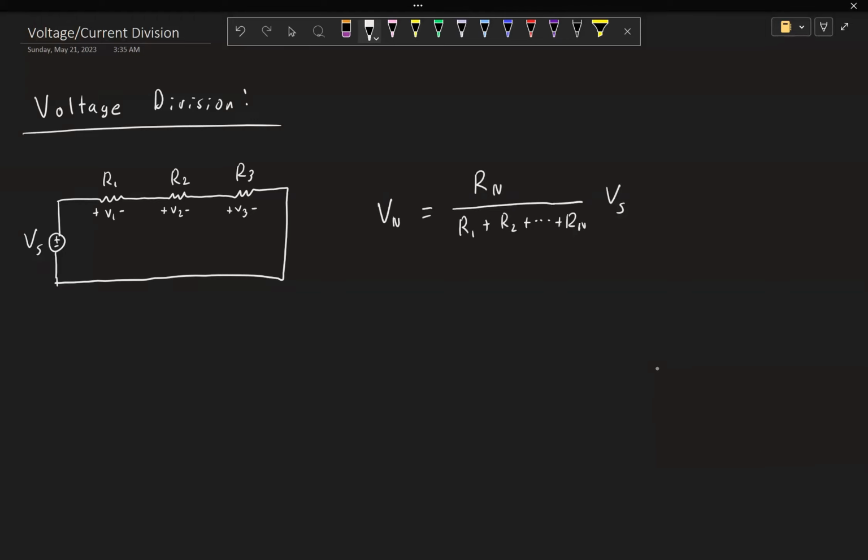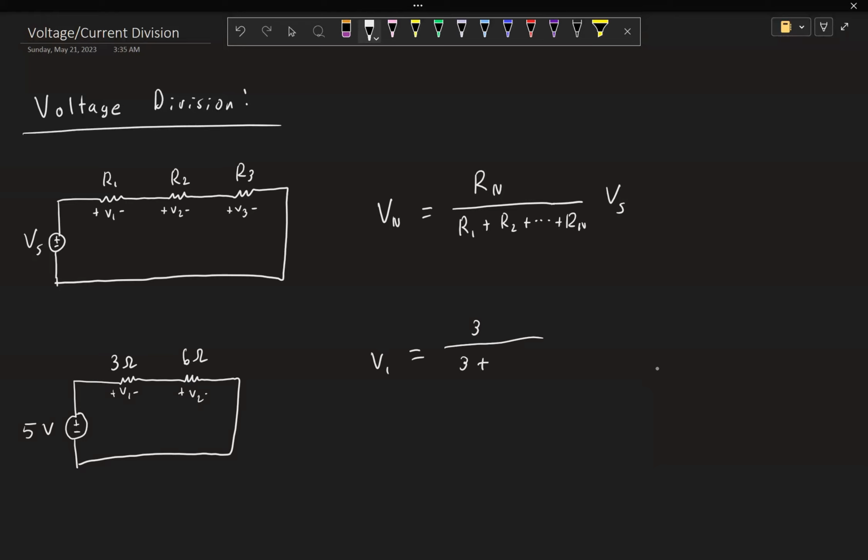So, for example, if we had a circuit like this, and you wanted to find the voltage at either resistor, you could use voltage division. You could say V1 equals 3 over 3 plus 6 times 5, which equals 15 over 9, which equals 1.67 volts.